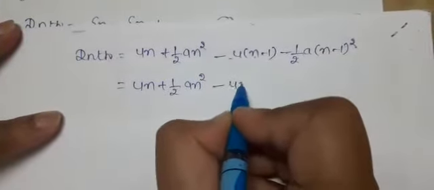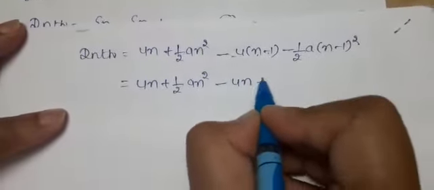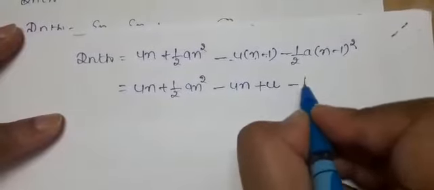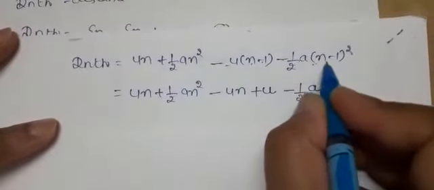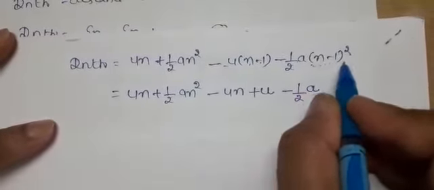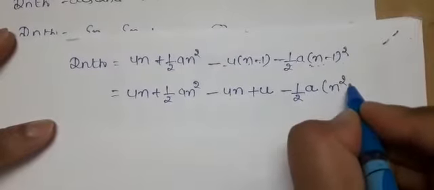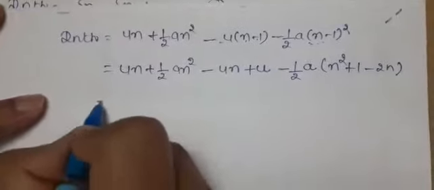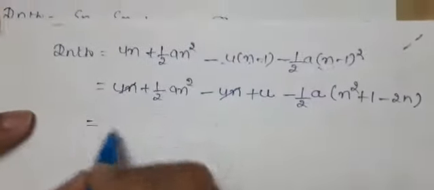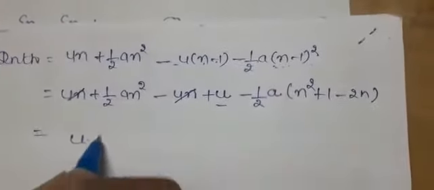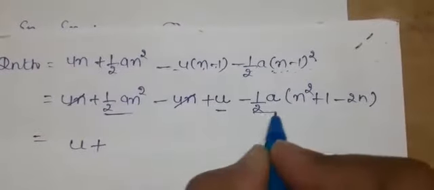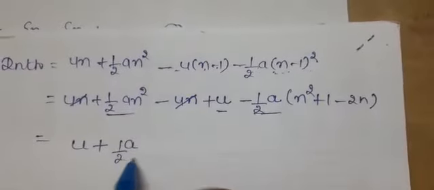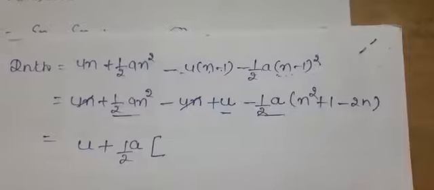Minus u into n, then minus minus plus, that is u minus half a, expanded by the formula (a minus b) square, this is n square plus 1 minus 2n. Then cancelling the common factor, in these two half a is common, so take it common outside.